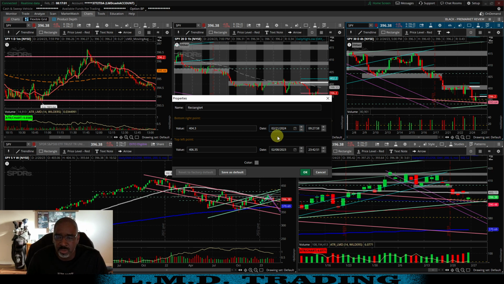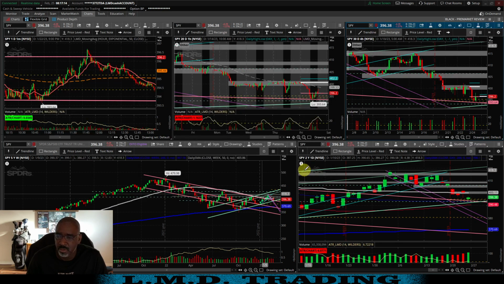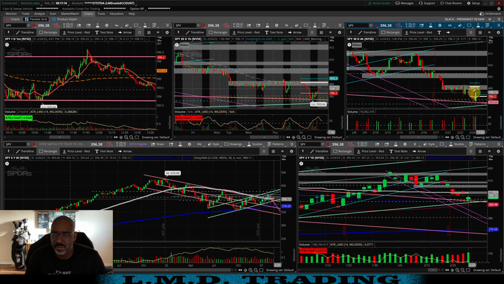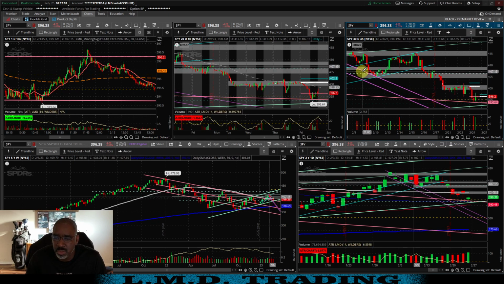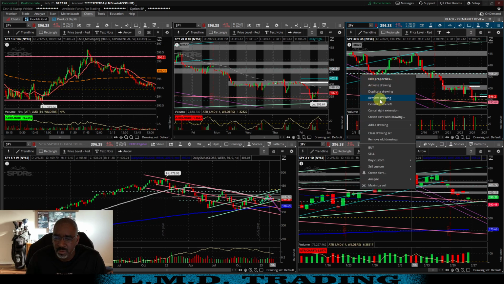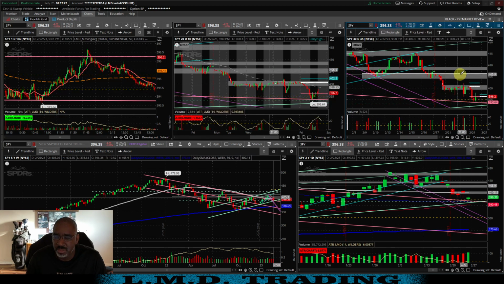When you do rectangles, they don't have an option to extend to the right or left like they do with price level lines and trend lines. So you just got to come in here and edit the dates. I always just put it out to 24. Hit OK, boom, it extends it out to the right. So I'm going to get rid of that price level line now and just have this zone.